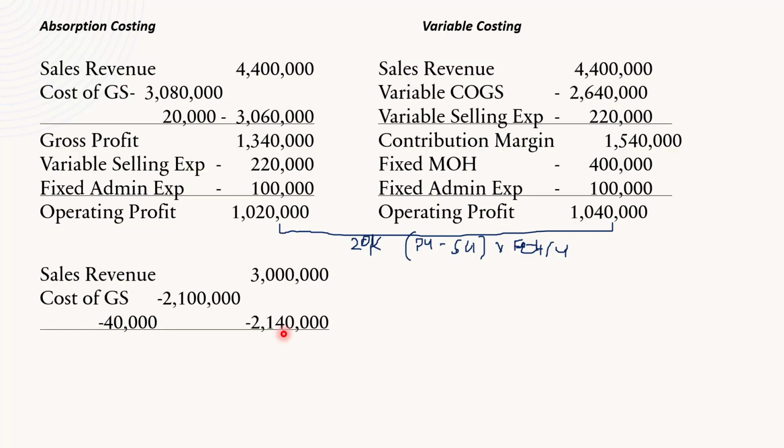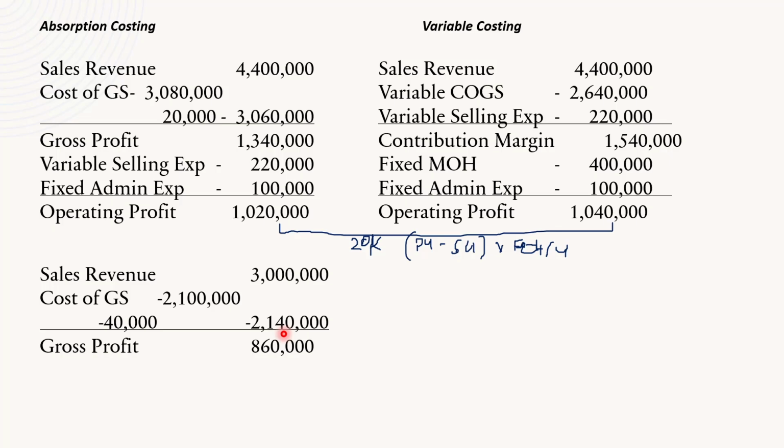Sales revenue is 3 million. Cost of goods sold unadjusted 2.1 million. Cost of goods sold adjusted 2,140,000. Okay? I hope that one is clear. So we now have a gross profit of 860,000.